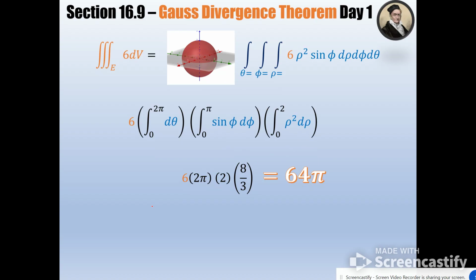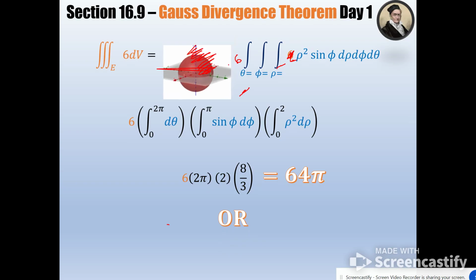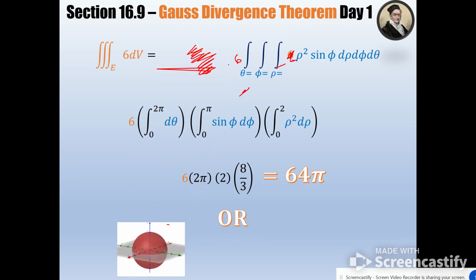However, my friends, since I can pull this 6 to the outside, take that 6, pull it out here. Then since my integrand is just a 1, it is just the volume of this sphere. And I took middle school and I paid attention. And the volume of a sphere is 4/3 pi r cubed, with of course the 6 out front. And shocker, I also get 64 pi.